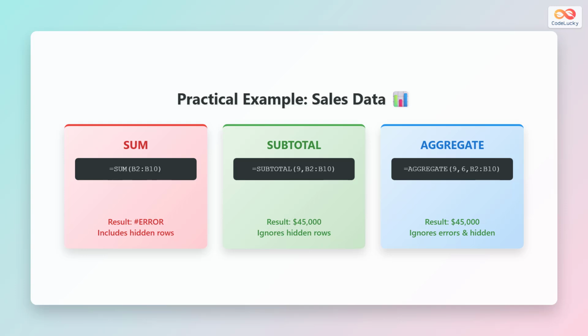If we use SUBTOTAL(9, B2:B10), the result will be $45,000 because subtotal ignores hidden rows. However, it won't ignore errors. Finally, if we use AGGREGATE(9, 6, B2:B10), the result will also be $45,000 because aggregate ignores both errors and hidden rows, giving us the correct total.